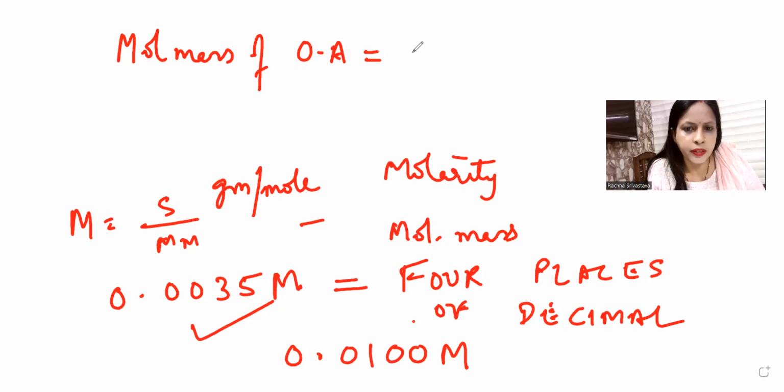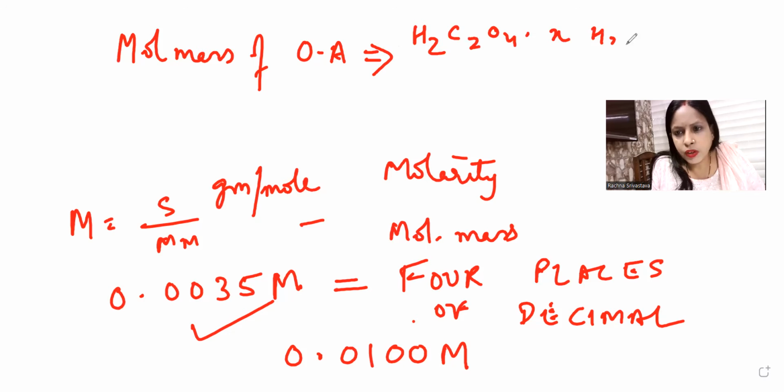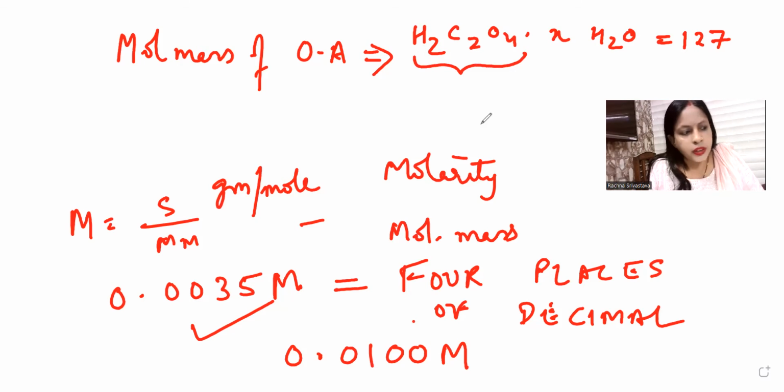Suppose I have calculated the molecular mass, and the molecular mass is coming as 123 or 125, whatever it is. Then in that case, what you will write? Molecular mass of oxalic acid, you will write H2C2O4 dot XH2O is equal to, suppose I have calculated as 127, it is coming. I'm just giving a hypothetical value. Then for H2C2O4, for this particular part, you will calculate.